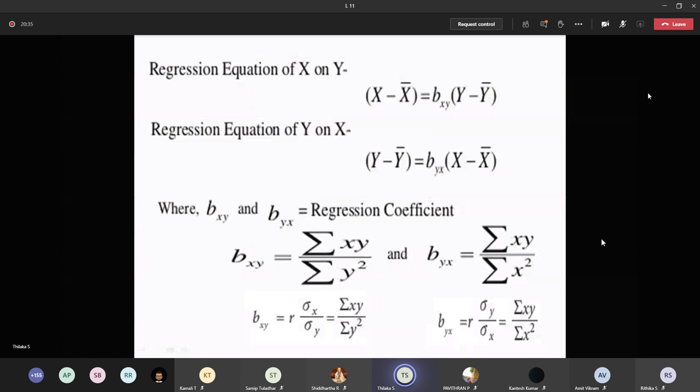But normally the problems will be based on the first formula, where the set of x and y data is given and you are asked to calculate the regression lines. So in general we use the first formula. In case the correlation value and the standard deviation value are given, kindly use the second equation.